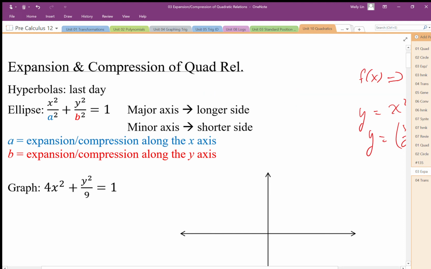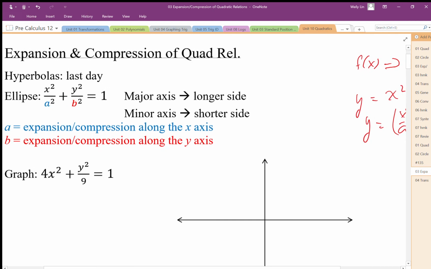If I have my ellipse in this direction, my major axis is along the y. Then that makes the minor axis the other axis. So here the major is y, minor is x. If it goes the other way, the major is x, the minor is y. Okay, so that's our major, minor axis.